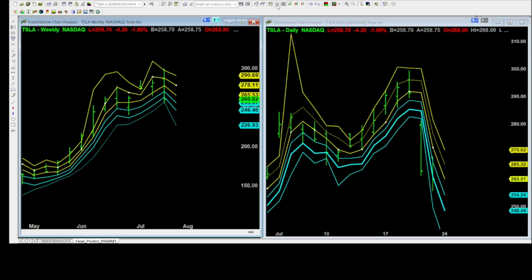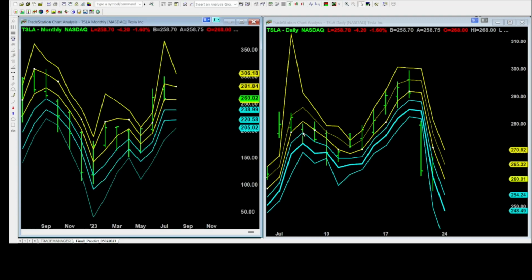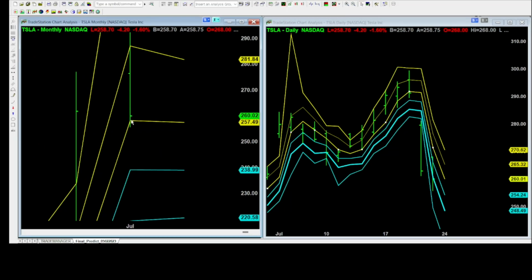If you change it to the monthly chart, during the past 1 or 2 weeks, when it opened here for this month, I also expected it would drop down to this yellow trend line on the monthly chart. If you zoom in a little bit, you can see it dropped down to this yellow trend line and broke down the yellow trend line, but it's still fluctuating around this price.